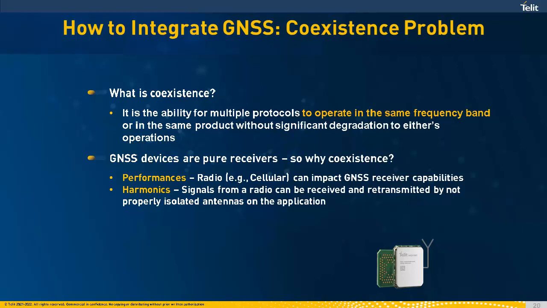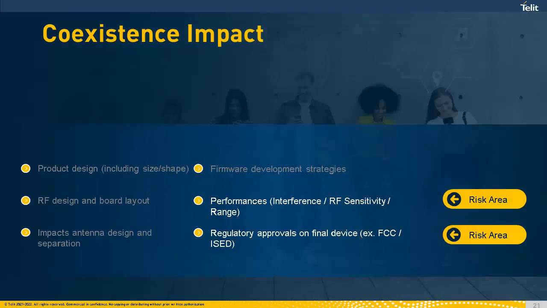However, although there is not a real radio in it, the other radios can impact the GNSS performance and capabilities. If the antennas of the devices are not correctly isolated or separated, there may be some harmonics or signals that are received and retransmitted by the antenna of your GNSS, making it a background noise or an issue for your full application.